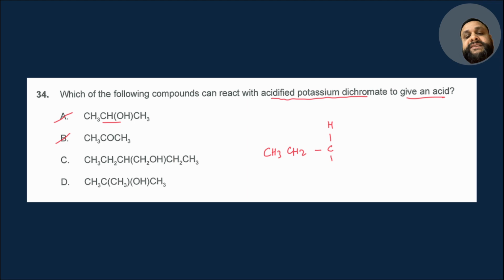On the other side it is attached to CH2OH and to CH2CH3. So C is a primary alcohol. This carbon which is directly attached to OH has 2 hydrogen, or this carbon is attached to 1 other carbon directly. So C is the correct answer. We were looking for a primary alcohol.